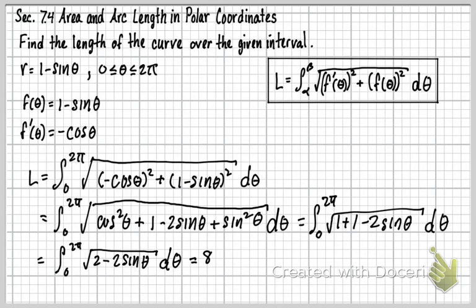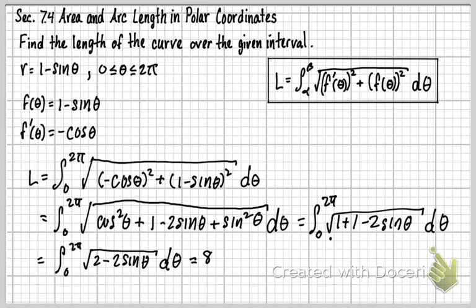Now again, when it comes down to using this formula for the arc length, it's just plug and chug. Nothing more than that. So that's what's nice about this. Just plug it in. And I think the biggest thing to realize, though, is r is equal to f of theta. And once you understand that, you can find f prime of theta with no issues, other than you'll probably only be able to get it down so far.